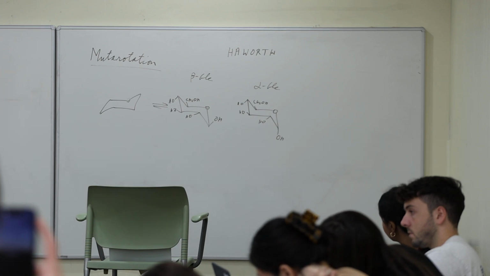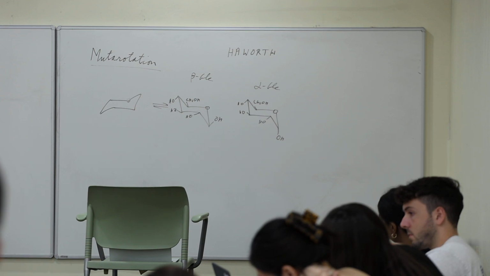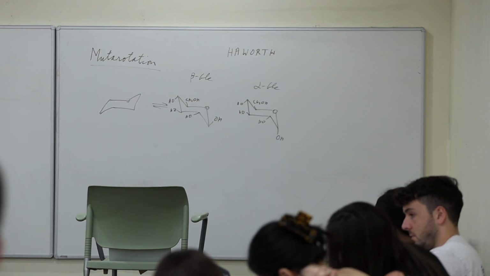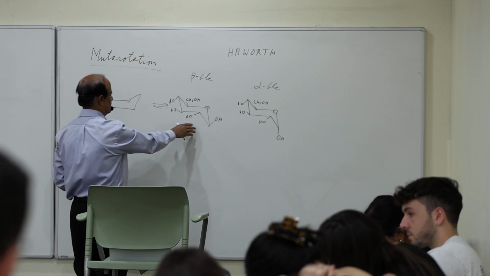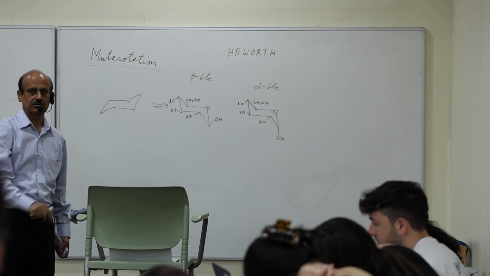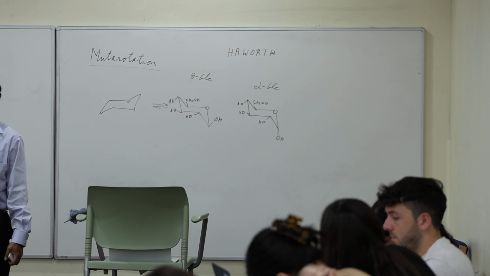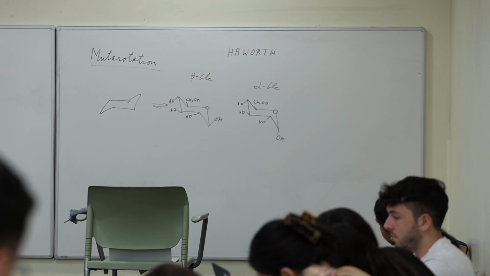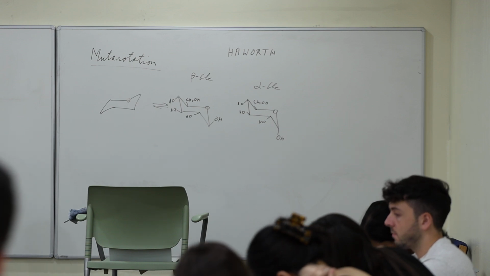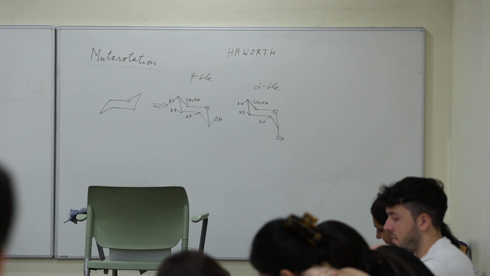So alpha glucose has one axial OH, and as you know, axial groups make it less stable, and that explains why you have more of beta compared to alpha. Beta is 63% and this is 37%, because this is the one that has everything in equatorial position, so it's most stable. And so beta glucose is the most common sugar in nature, because out of the 16 stereoisomers of glucose, this is the only one that has all the OH groups in equatorial position, and nature also found that out, of course, and that's why it makes beta glucose in the maximum amount.